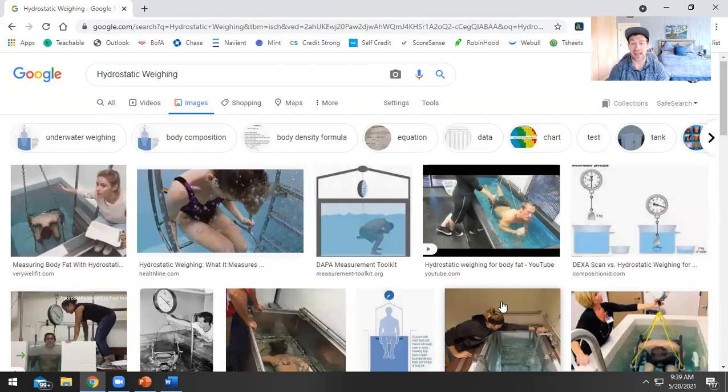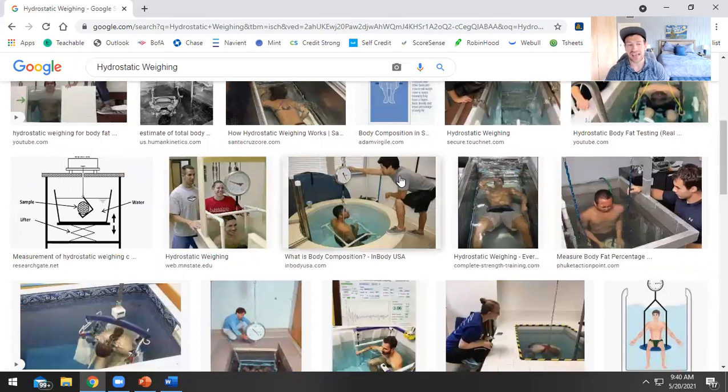Well, fat actually floats. It's buoyant. So because of that, if you weigh less when you're underwater, that indicates a higher body fat percentage. And if you weigh more while you're underwater, that indicates a lower body fat percentage. So a quick little bit of math can tell us exactly what your body fat percentage is. This is the most accurate of all of the formulas.